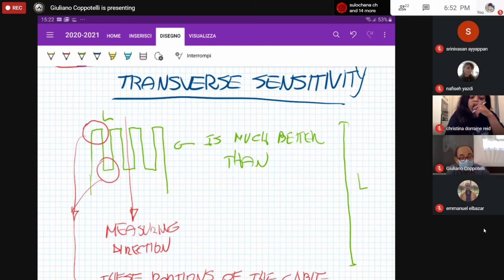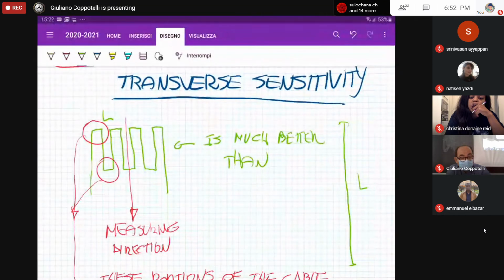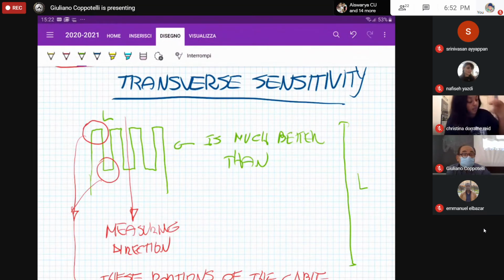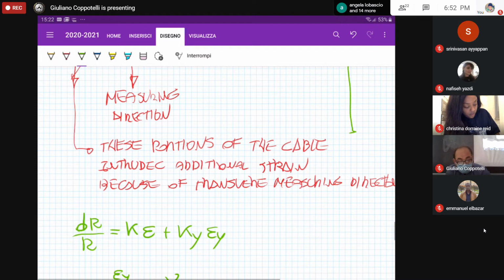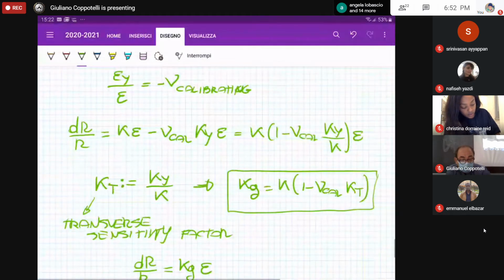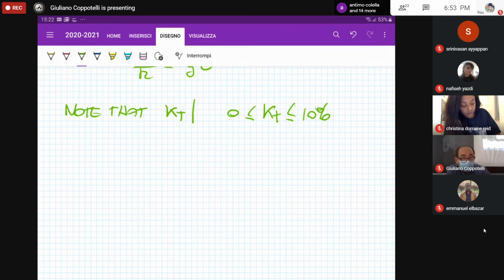So a way of reducing the transfer sensitivity is obtained by recalling the resistance. The resistance is dependent on the cross section. So if we increase the area of the cross section of the wire, then we can reduce the resistance and therefore the sensitivity to the transverse strain. So what is generally done is we add additional material to the portion of the cable that is oriented in the orthogonal direction with respect to the natural one.